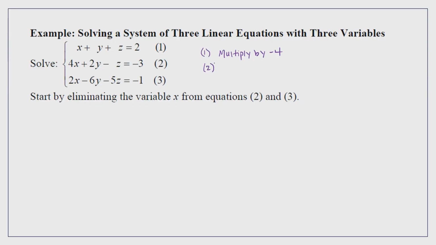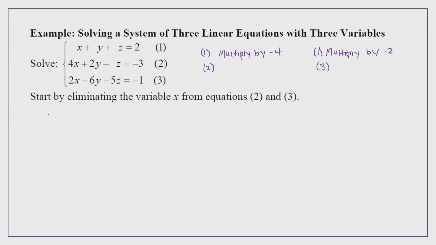That way I'll be able to eliminate the variable x. The second thing I'm going to do is multiply equation 1 by -2 and add it to equation 3 so that I can then eliminate the variable x in that equation as well, which will then give me 2 new equations. Okay, so let's do that.